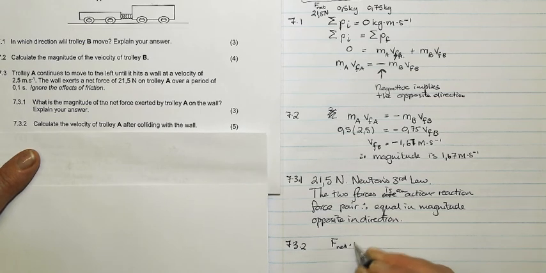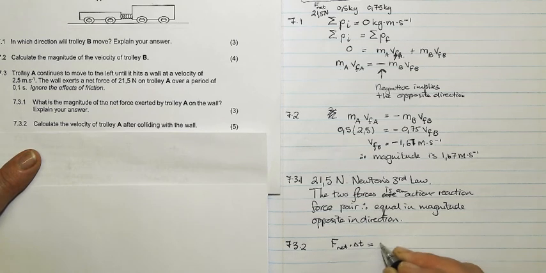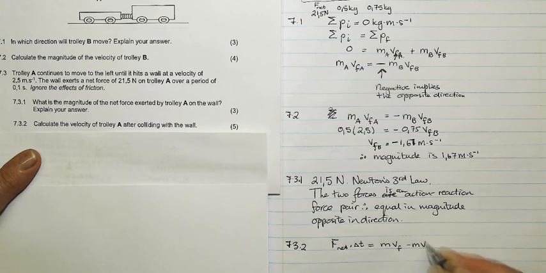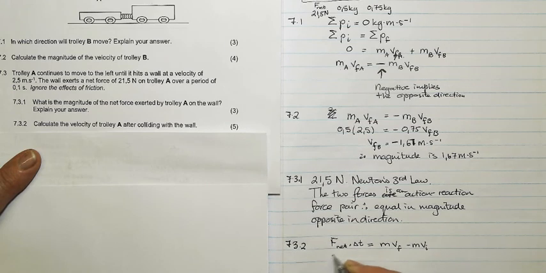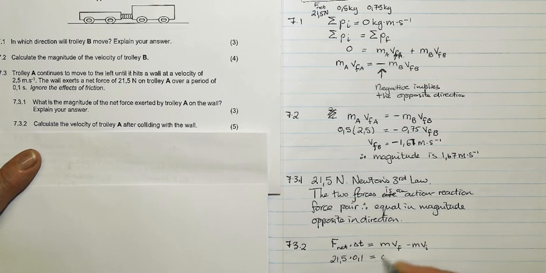We've got the time of the impact, and we know that this is equal to the change in momentum, so it's mvf minus mvi. The net force is 21.5 newtons to the right, and the time is 0.1 seconds. The mass of the trolley is 0.5 kilograms. The final velocity is what we want to calculate, minus.